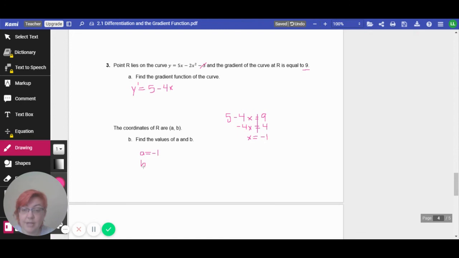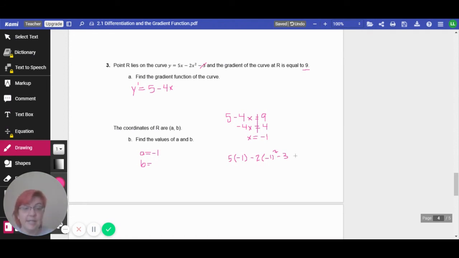To find b, I'm now going to plug negative 1 into my original curve. So that is 5 times negative 1 minus 2 times negative 1 squared minus 3. 5 times negative 1 minus 2 times negative 1 squared minus 3.